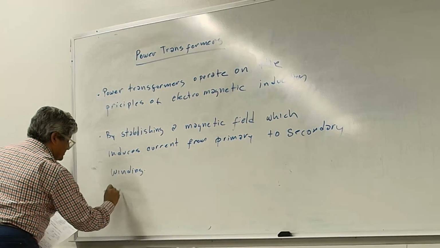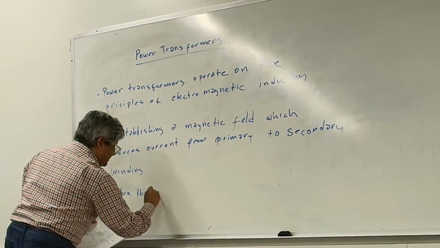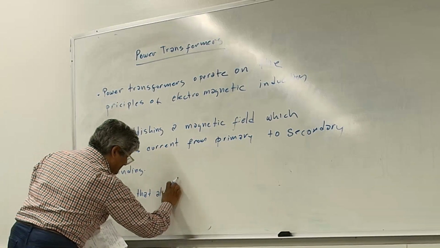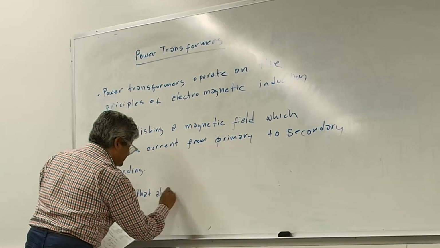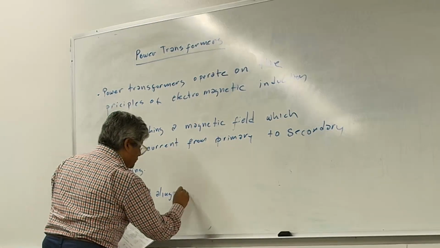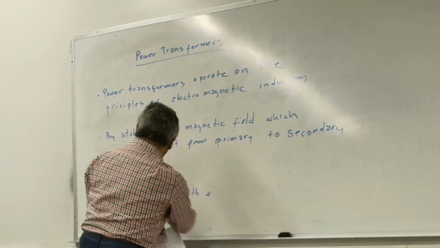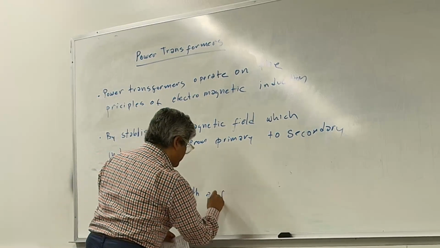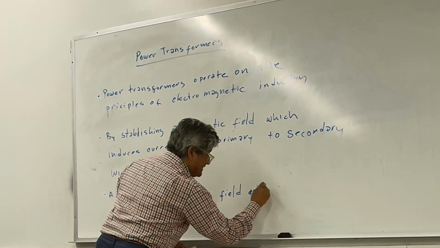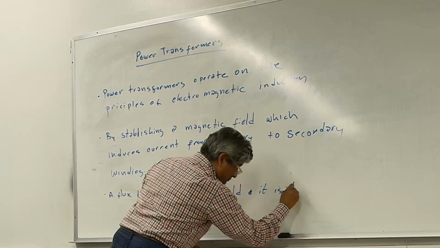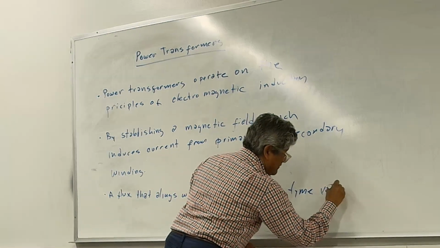A flux that aligns, and I think we talked about this when I was talking about the electromagnetic concept, aligns with the field, the magnetic field, and it is time varying, and this is key.